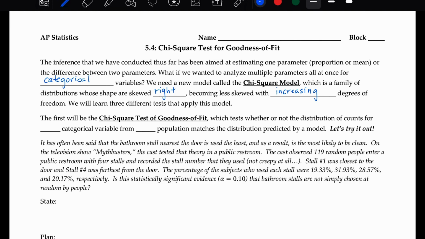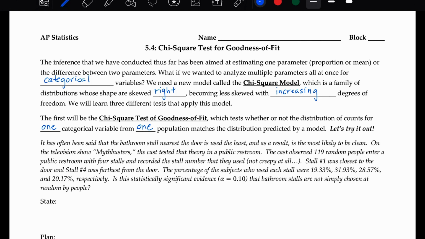This time, degrees of freedom is not associated with the sample size, okay? We're going to learn about all three different ways to apply this test. But this first one, the goodness of fit test, tests whether or not the distribution of counts for one categorical variable from one population matches the distribution predicted or expected, okay?